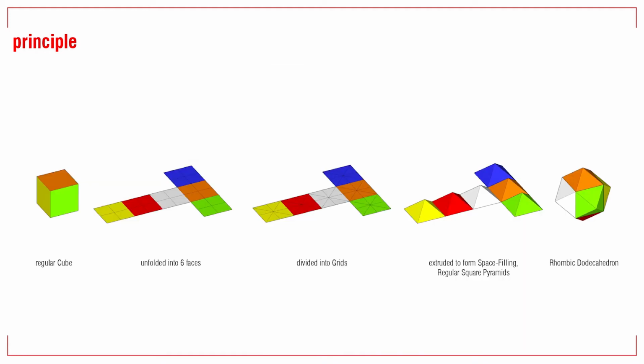The transformation of the rhombic dodecahedron could easily be explained through these diagrams, where the regular cube is unfolded to reveal a net of 6 faces, and when the square faces are divided and extruded, we can understand that the regular square pyramid is actually a space-filling polyhedron.